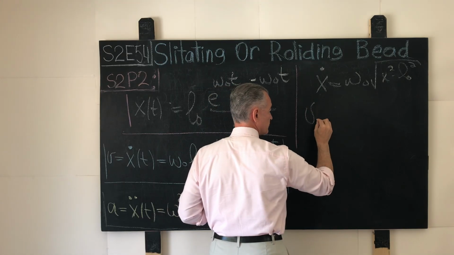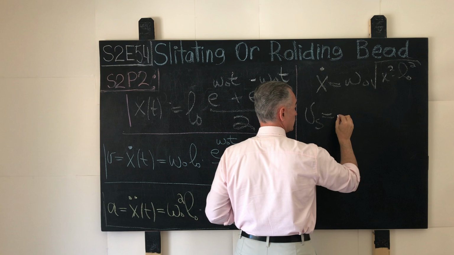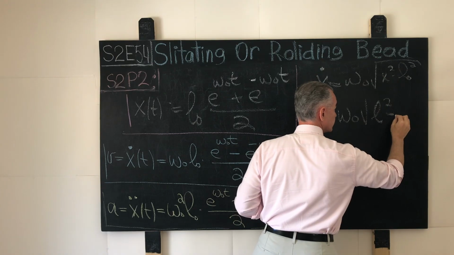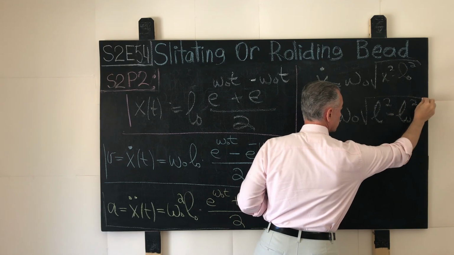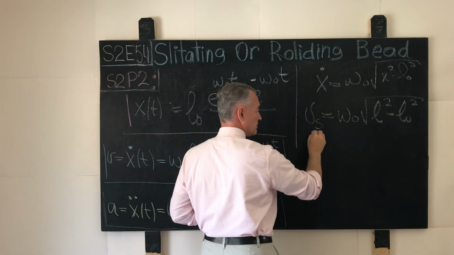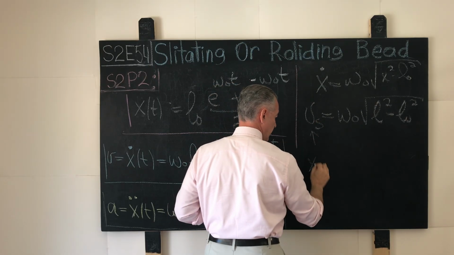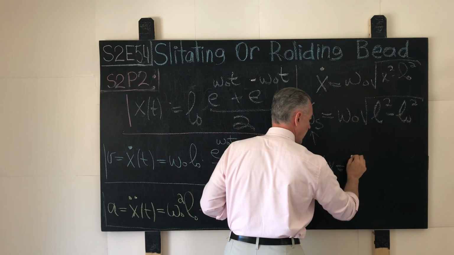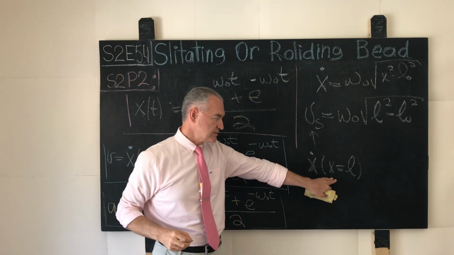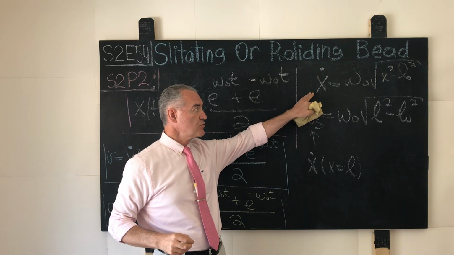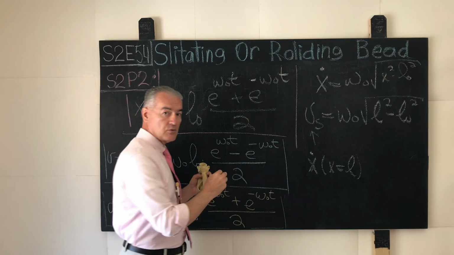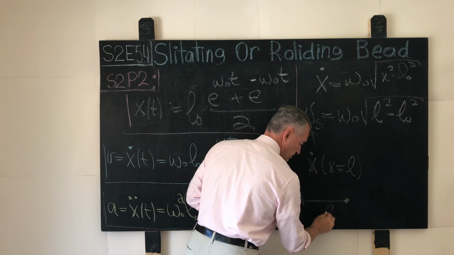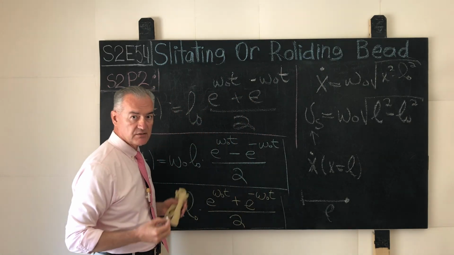So the separation velocity Vs will be equal to simply omega 0 times the square root of L squared minus L0 squared, and it is obtained when in this expression over here, x dot as a function of x, we put x equal to L. When we put x equal to L, that means our bead has reached this point right here, L, the length, and this is precisely the answer to the first question.